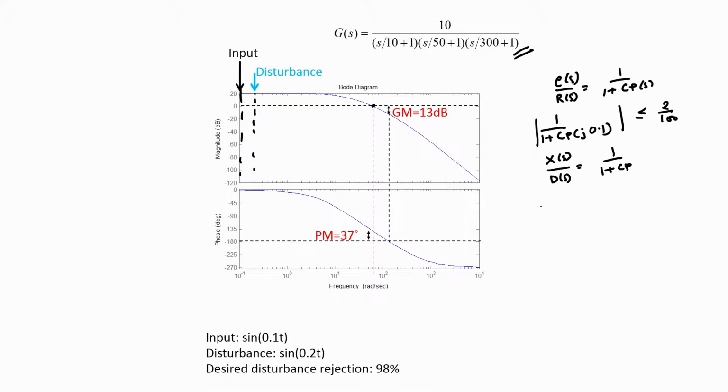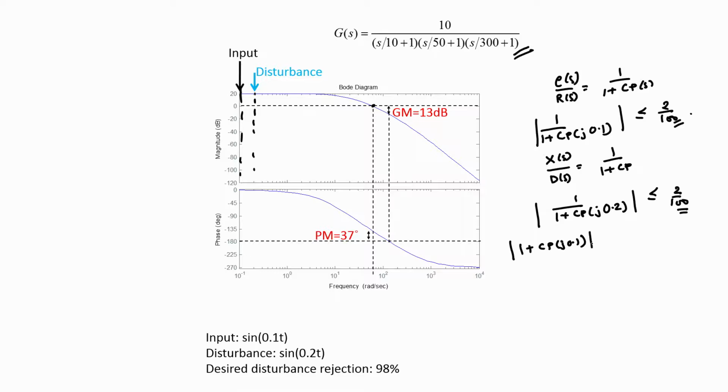So, in other words, the magnitude of 1/(1+CP) at j0.2 should be less than or equal to 2/100. So, this allows for us to reject the output disturbance by 98% at 0.2 radian per second, and this condition allows the reference to be tracked with 98% accuracy at 0.1 radian per second. If we take the first inequality, we can rewrite it as 1+CP at j0.1.